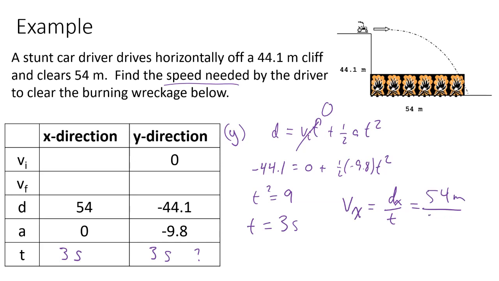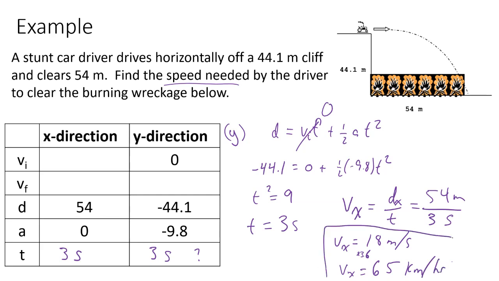The amount of time will be 3 seconds, and we find that our velocity in the x direction is 18 meters per second. If we wanted to take that one step further, we could multiply by 3.6 and find that the speed needed to clear that burning inferno of wreckage would be 65 kilometers per hour.